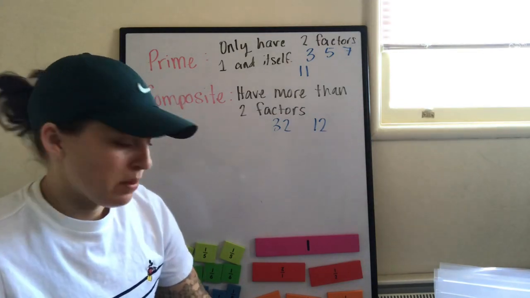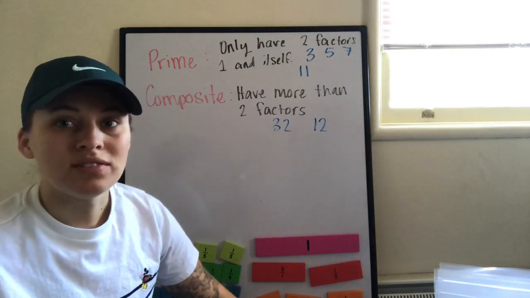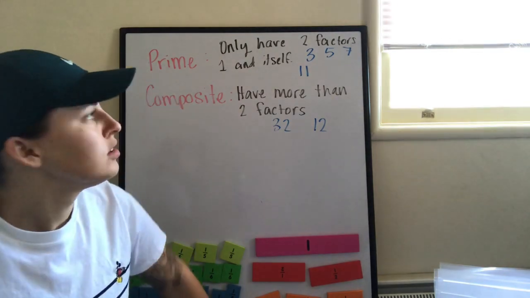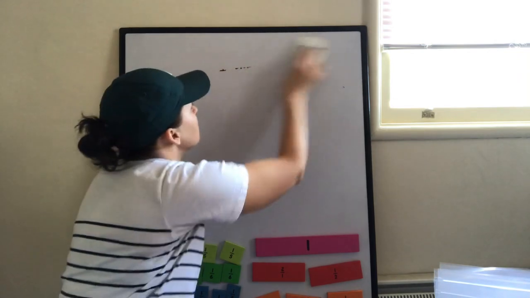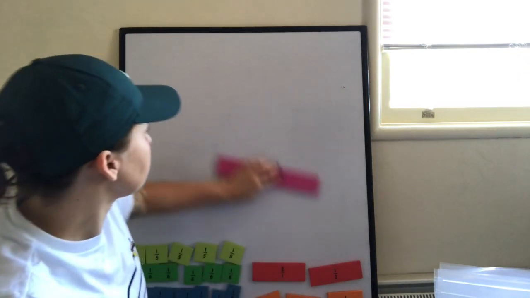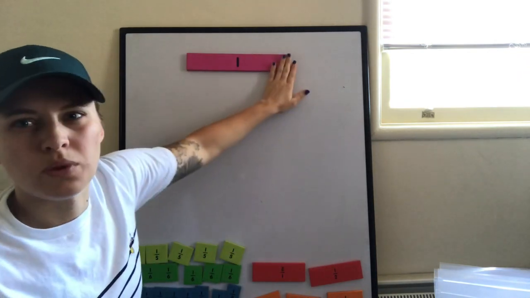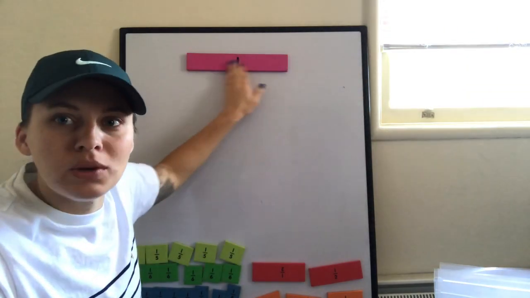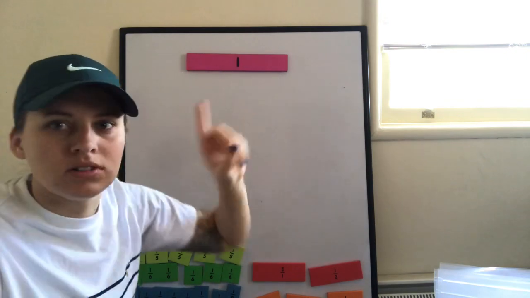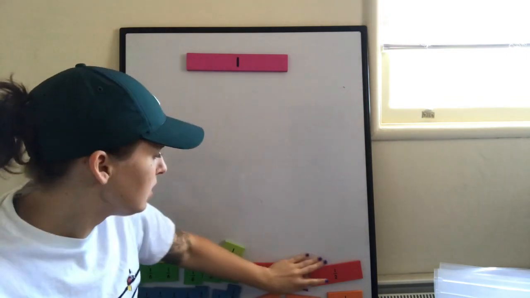The other thing I want to remind you of is equivalent fractions. So I'm going to erase this, and I'm going to bring these up here. This is just representing one whole. It could be one whole sandwich, one whole candy bar, doesn't matter. Just one whole of something.